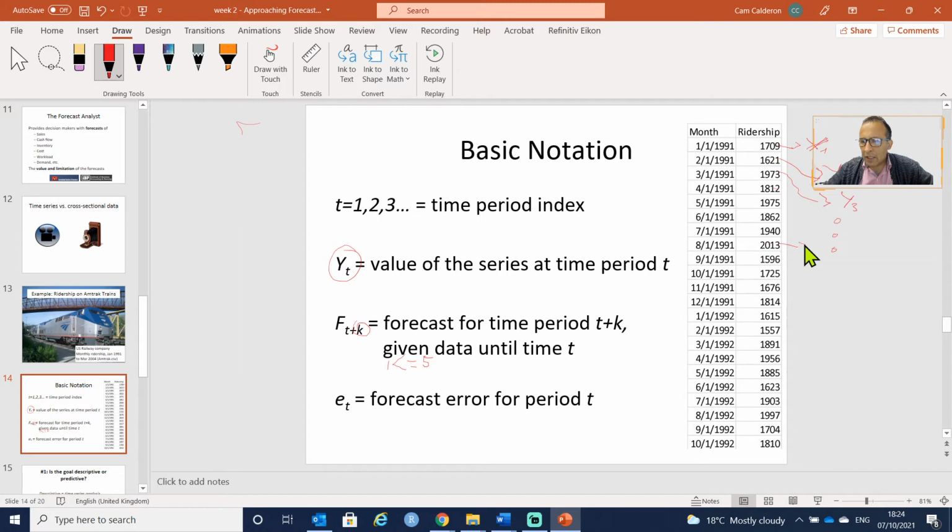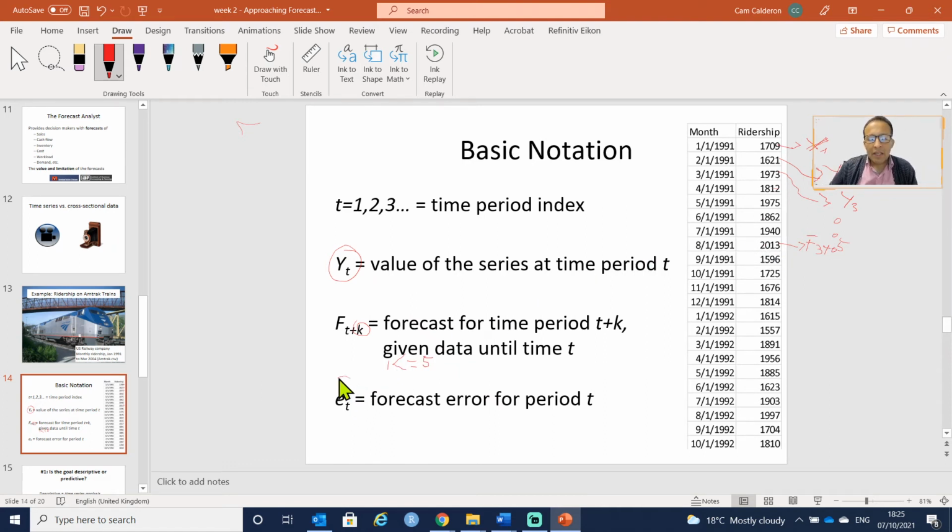This one will be f t plus k. Standing here in y3, it will be 3 plus 5, the eighth observation in this data set. That is what we wanted to forecast.